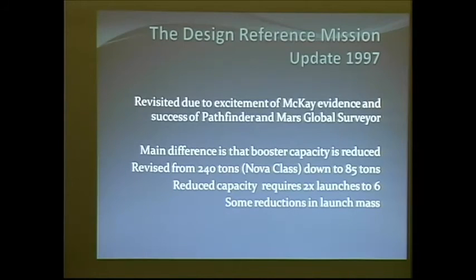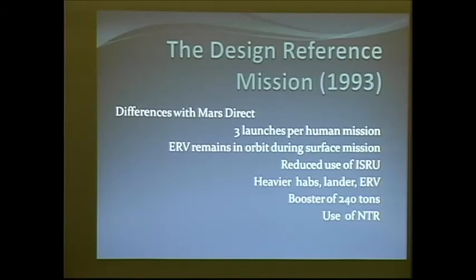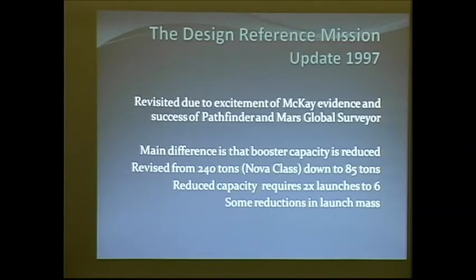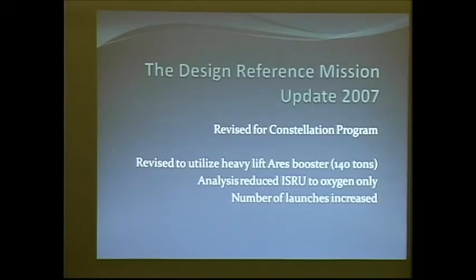Some of the differences from the design reference mission of 1993: the 1993 version required a 240-ton booster, which is basically a Nova-class rocket that doesn't exist, and nobody's had it on their drawing boards since about 1967. The mission plan was updated and it was removed, but there were some other considerations made in the '97 update.